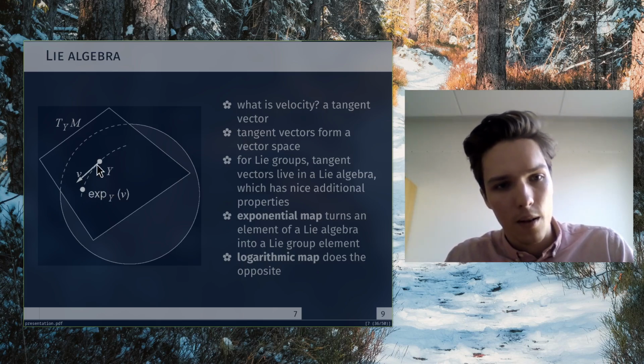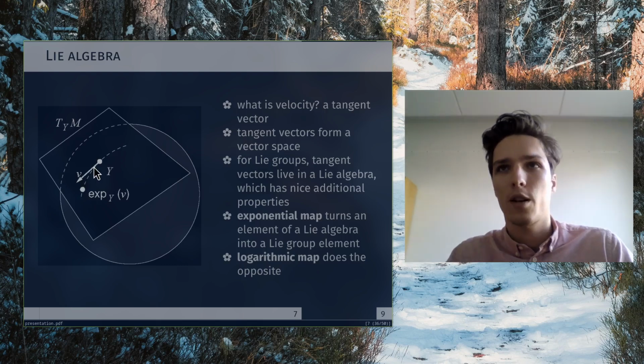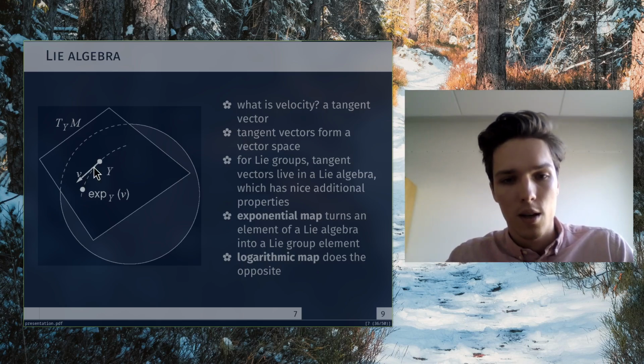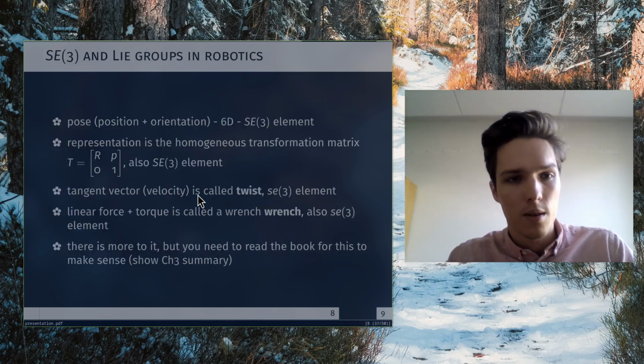And if you have a group operation, so one element times the other element, that gets you here. If you take the logarithmic map of one of these elements, then you would find the tangent vector that, if you exponentiated it, would correspond to this transformation. And for our purposes the logarithmic map will be well defined.